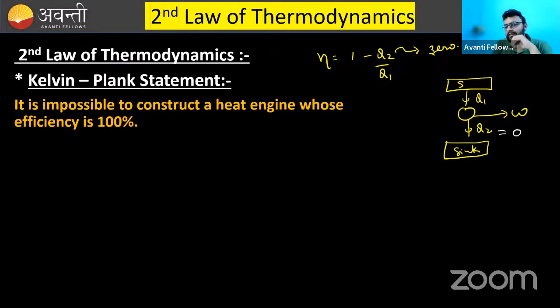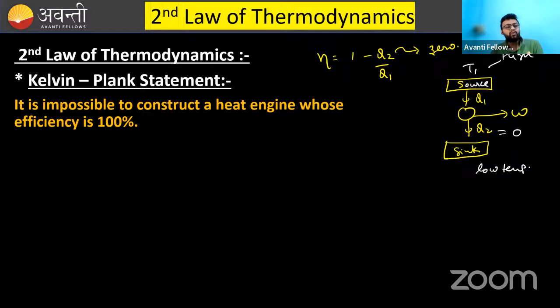If this term is 0, then the engine will work at any temperature of source. Because there is a difference in source and sink temperature, the source is at high temperature and the sink is at low temperature. That's what we have studied. But they are saying that there is no need of a sink. If there is no need of a sink, then you don't need to create a high temperature. There is no requirement of high temperature.